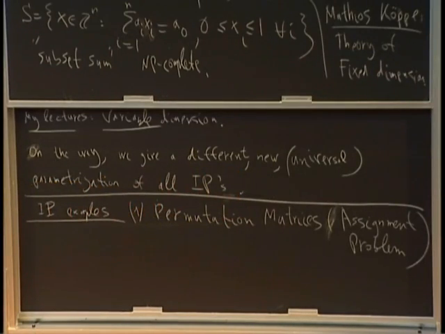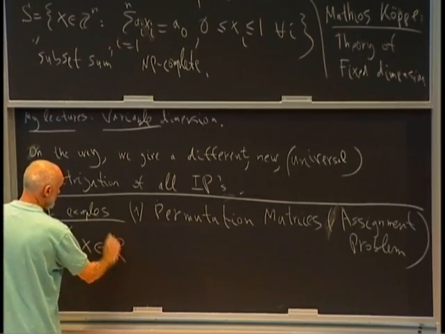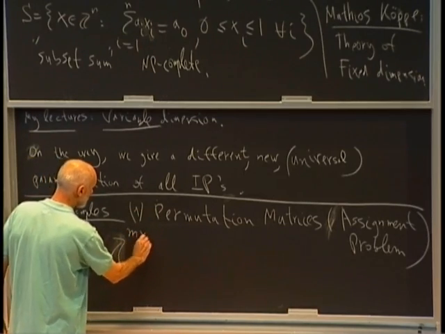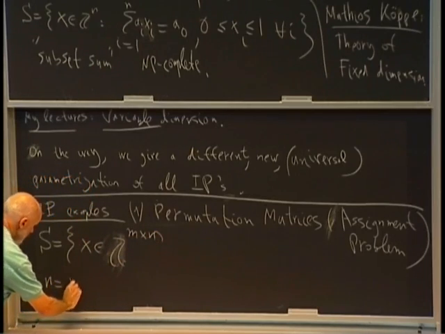You know what they are, right? n by n 0,1 permutation matrices, so that in every row and every column you have 1. How can I write it as an integer program? So the set S of all permutation matrices is a set of all integer points, let's say m by m, because I want to keep n for the dimension. So n is really going to be m squared here.